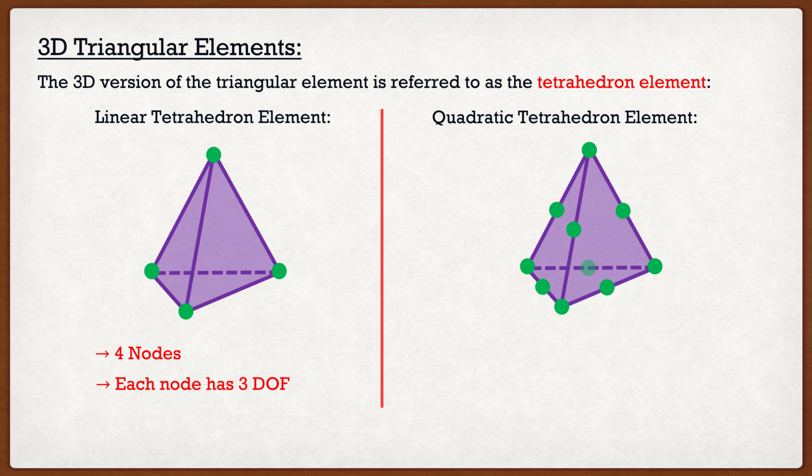If we were to increase it to a quadratic approximation, we can see that we now have 10 nodes, and each one of these nodes is going to have 3 degrees of freedom. Now, if we were to take 10 multiplied by 3, this would indicate that the size of our stiffness matrix for this particular element is going to be 30 by 30. Again, that's just one particular element.